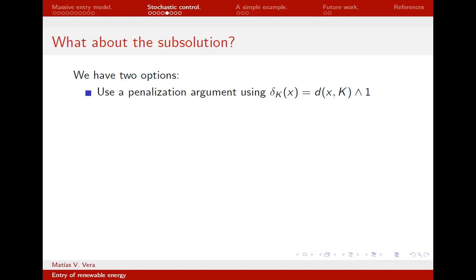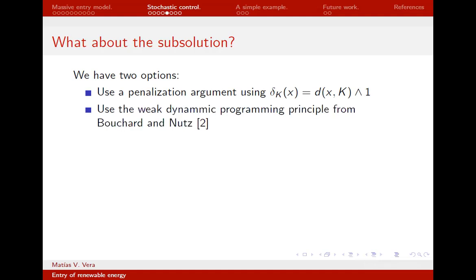So in order to avoid that, we wanted to use the weak dynamic programming principle from a paper by Bouchard and Nutz, which is interesting, but it's really probabilistic. It's a control approach, but the other papers relied a lot on partial differential equation arguments.